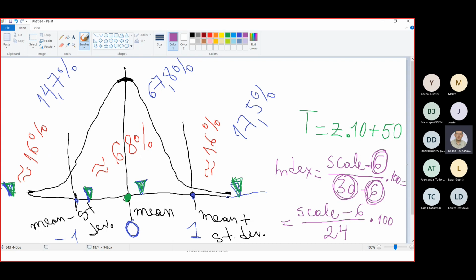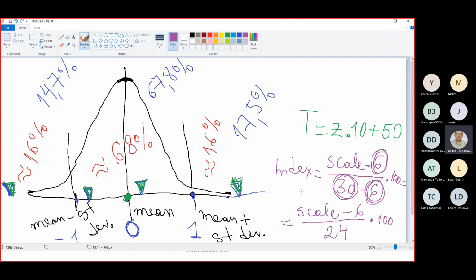More than 68% is between mean minus 1 standard deviation and mean plus 1 standard deviation. But if the distribution is flat, then this is a serious problem, because then less than 68% is between mean minus 1 standard deviation and mean plus 1 standard deviation.